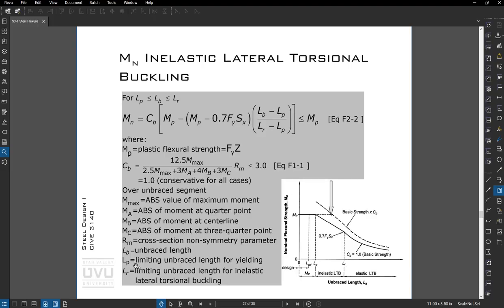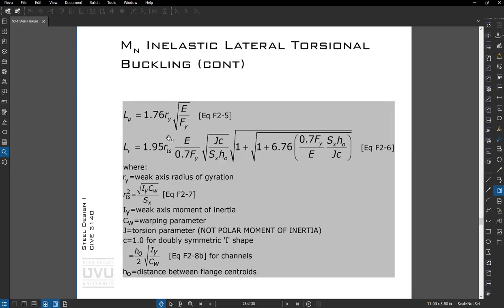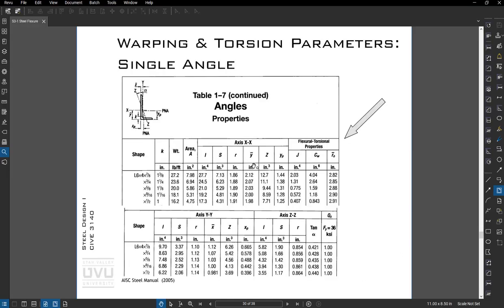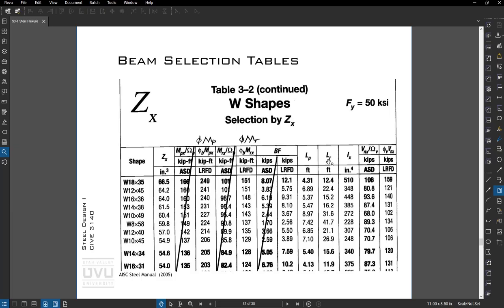LP and LR relate to the behavior of the section. So you choose LB and then you calculate LP and LR, and those equations are given here. Not so enjoyable. But there is a table where LP and LR are calculated, Table 3-2 out of the manual, where you can just choose your member and get those directly.